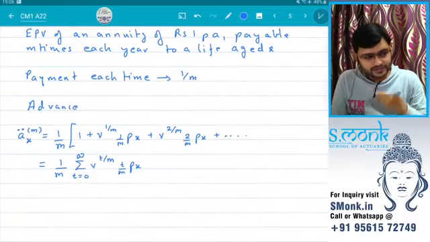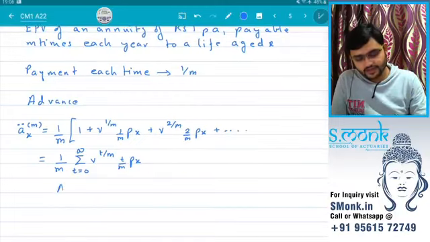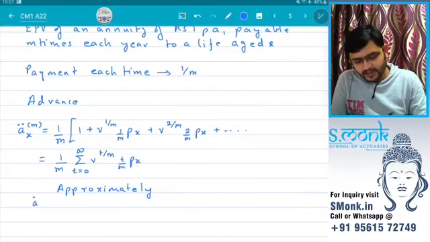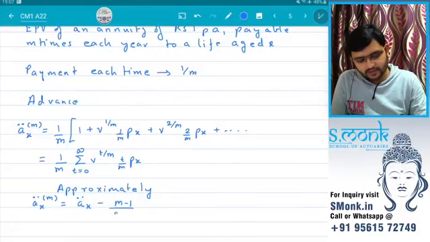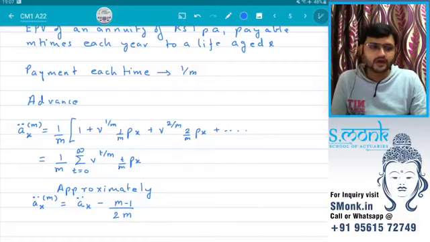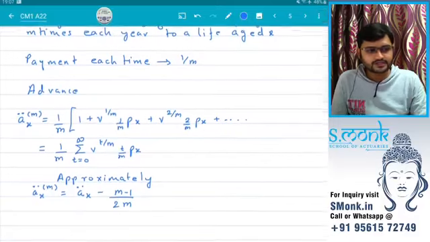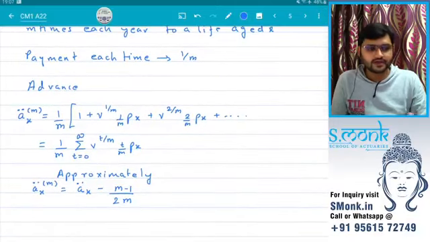Approximately, ä_x payable m times can be written as ä_x minus (m−1)/(2m). How do we get it? Why do we get it? Is not part of our course. Don't worry about it. This is the approximation that we get.